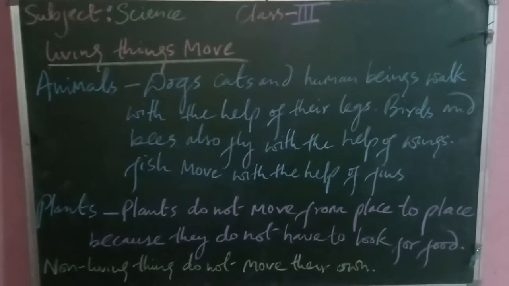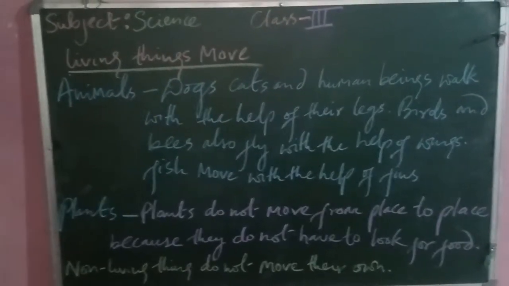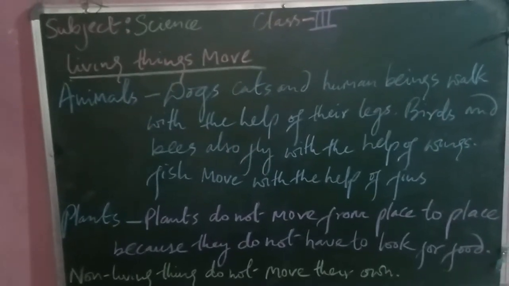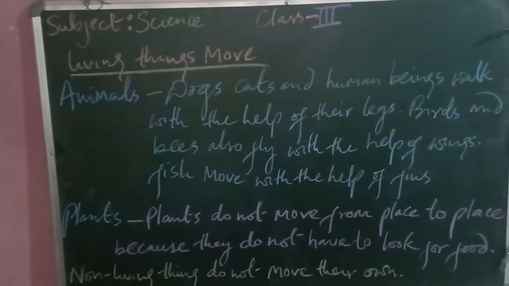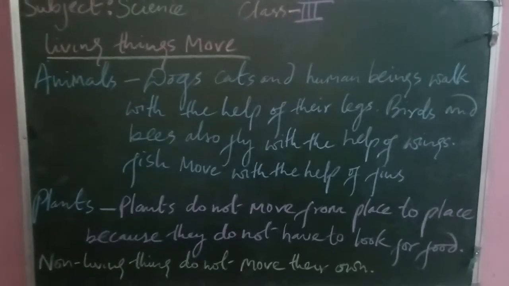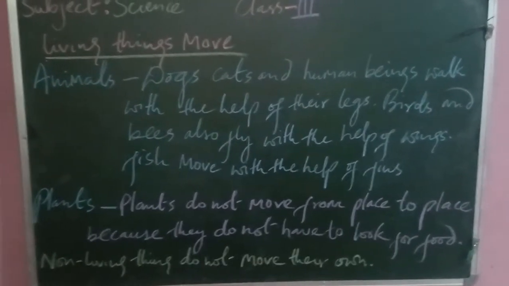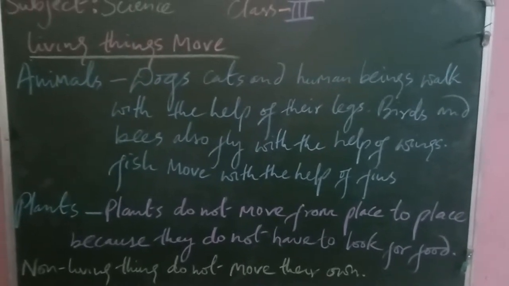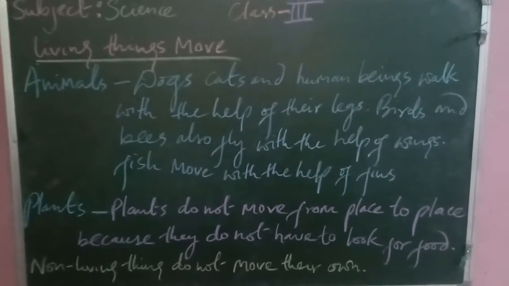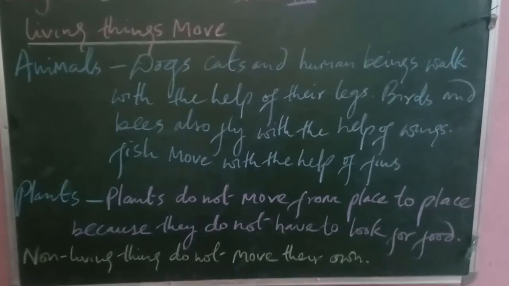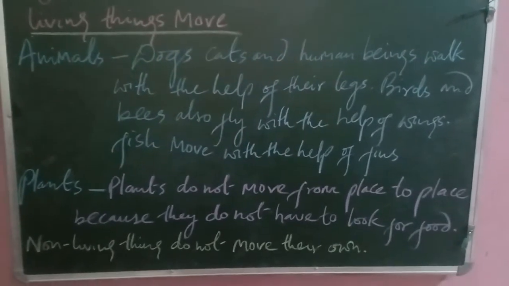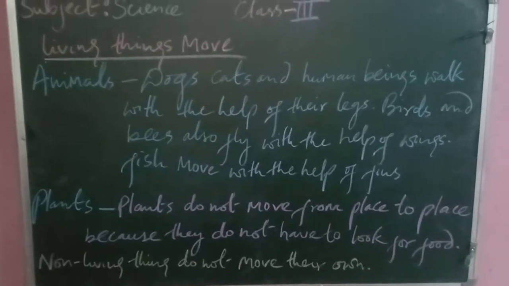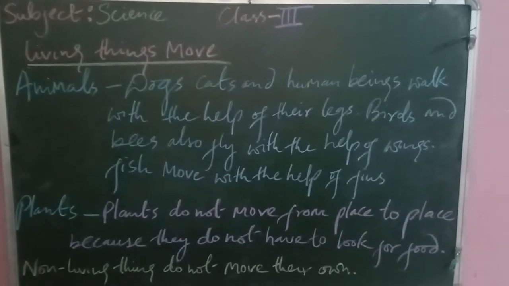So there are different ways of moving from one place to another in search of food or shelter. We humans use legs to walk. Likewise, animals also use their legs to walk, but birds move from one place to another with the help of their wings.